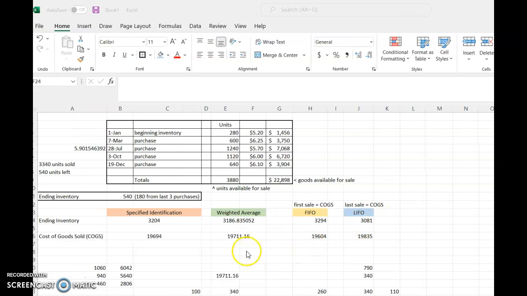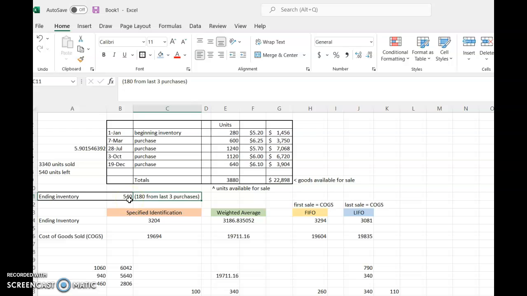Okay, so first off, the cost of goods sold for the specific identification. The first step is decreasing each of the last 3 purchases by the amount of inventory that was decreased for each of those.